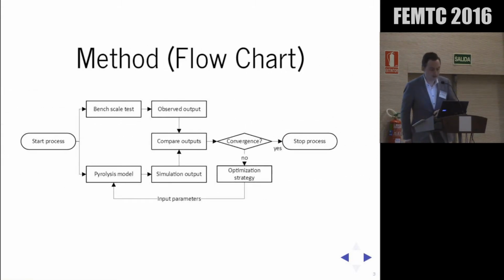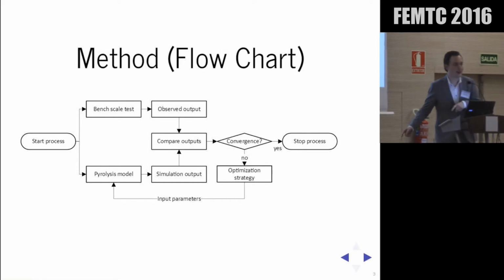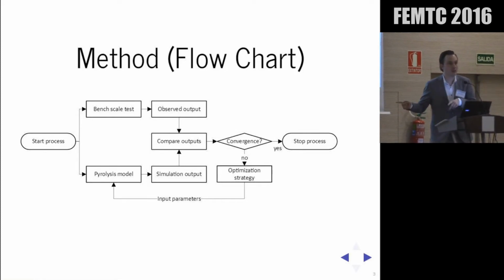So this was our approach. We basically knew the output of the bench scale test and compared it to the pyrolysis model output and alternated the input to the pyrolysis model with these optimization algorithms until the output of the pyrolysis model fits the observed experimental output.